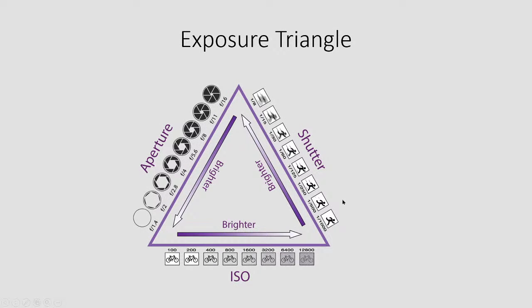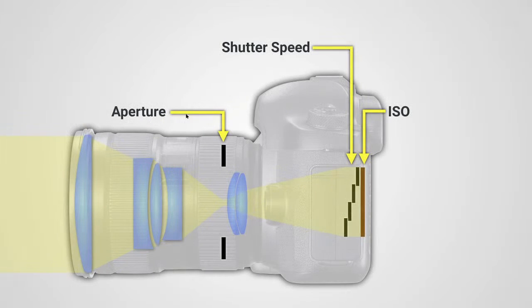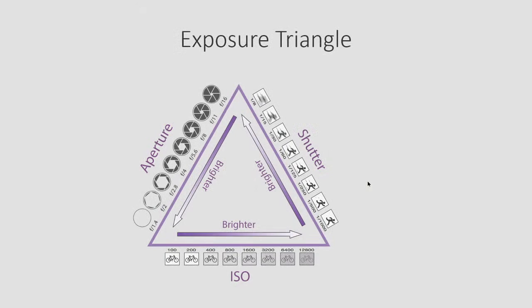And lastly, the ISO. So all these three together make aperture, shutter speed, ISO. The ISO is in the sensor. Those three really make what's called the exposure triangle. Initially, when I talked about the exposure triangle, these are the three parts.